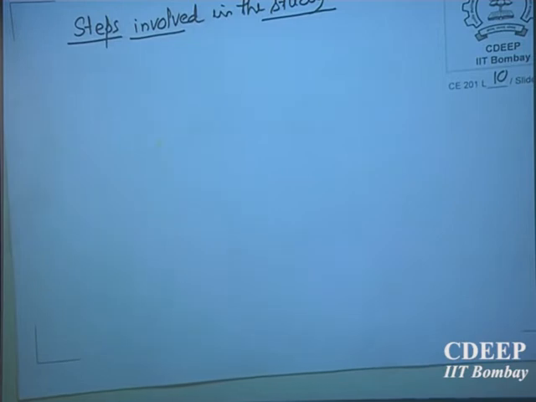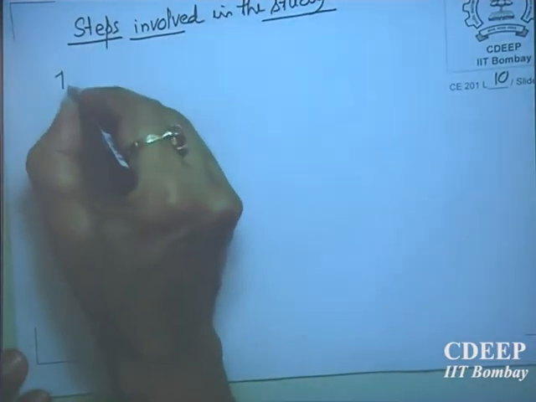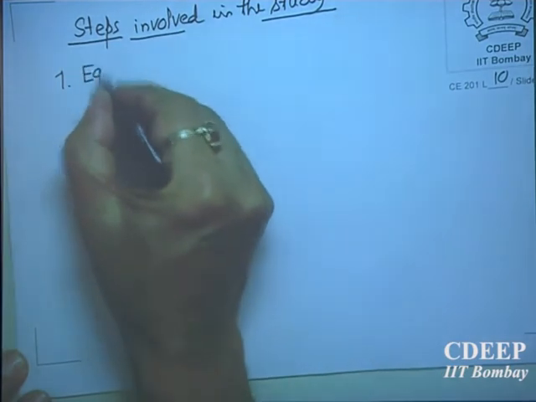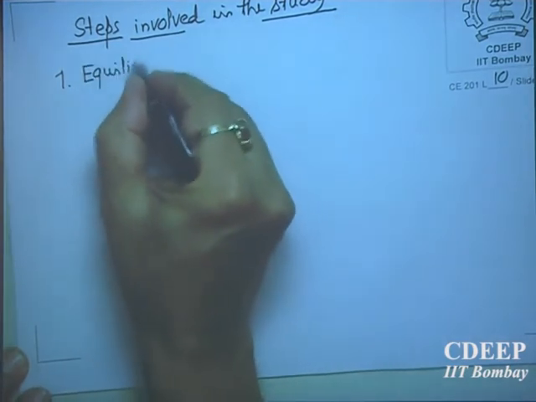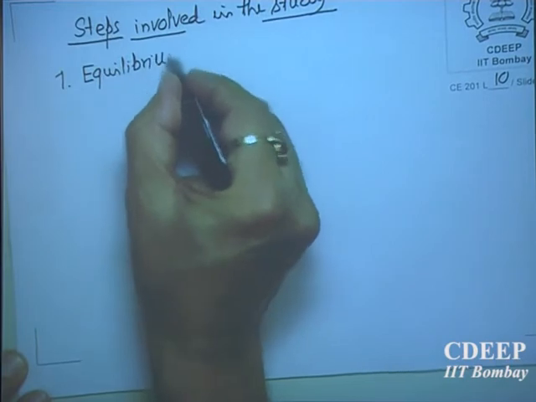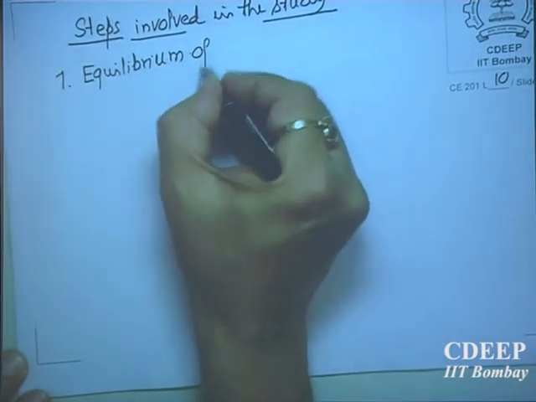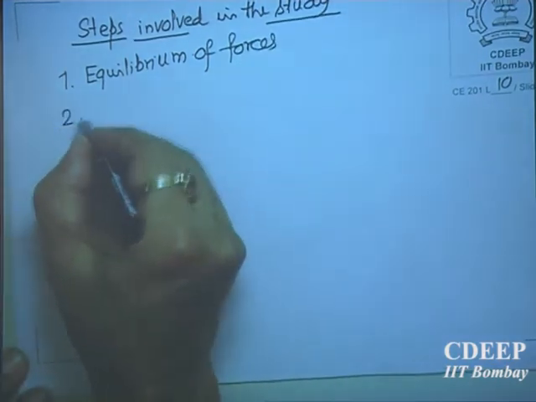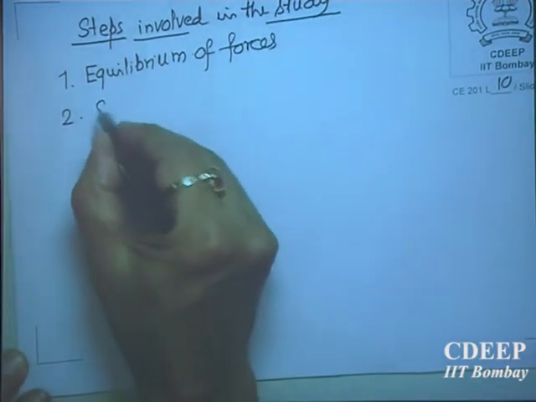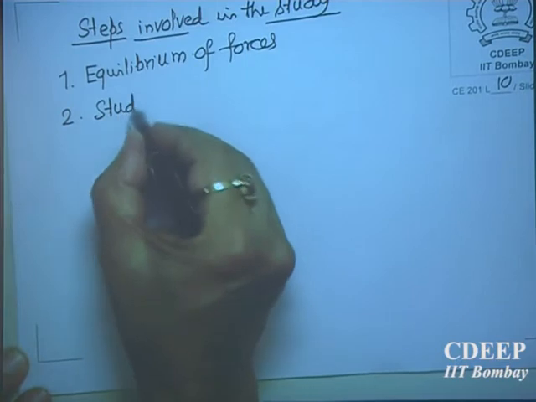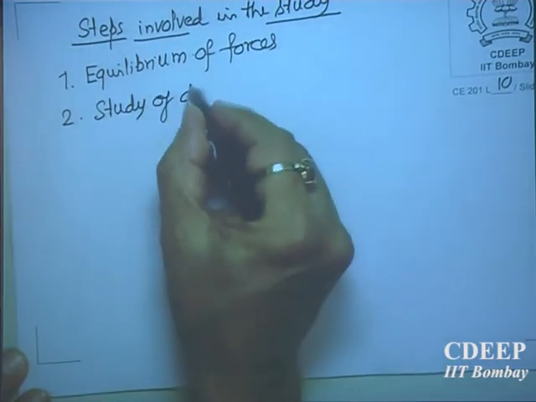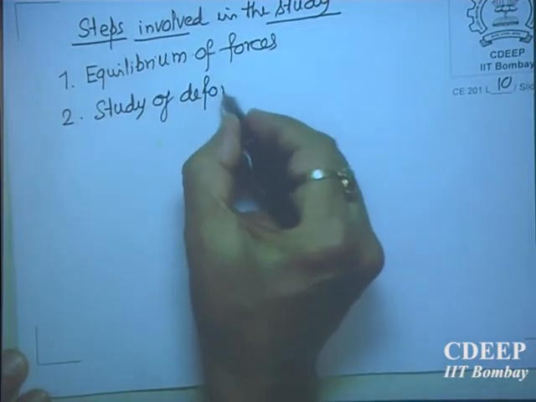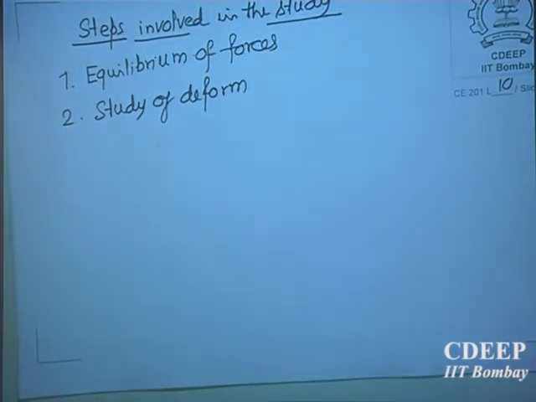Every small element behaves in the same manner, and the steps involved are the same. First, you must study equilibrium of forces. This is standard. Second, you must study deformation. How does the body deform under the action of this T? What happens?